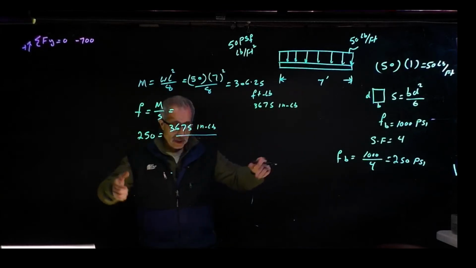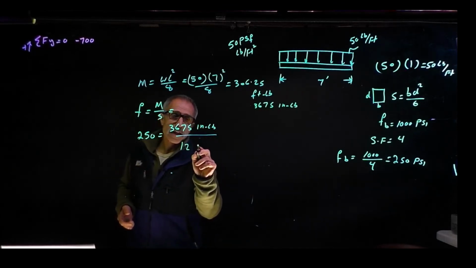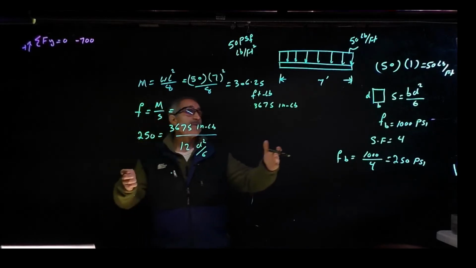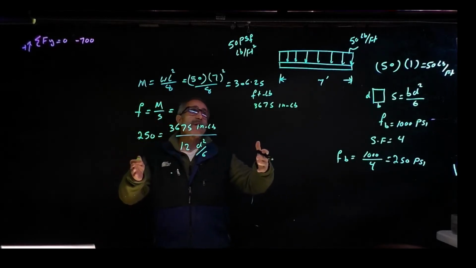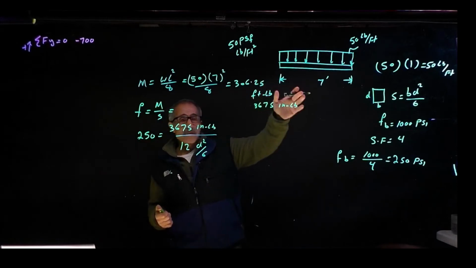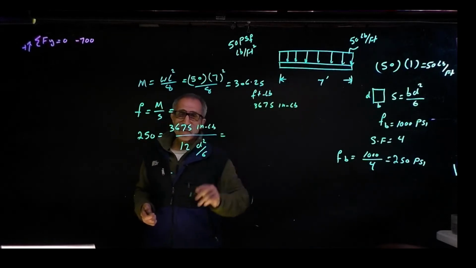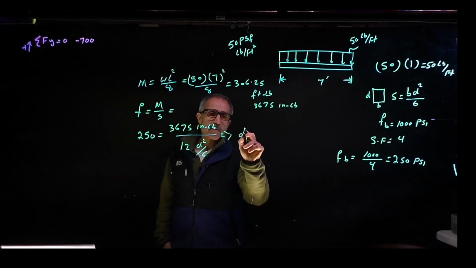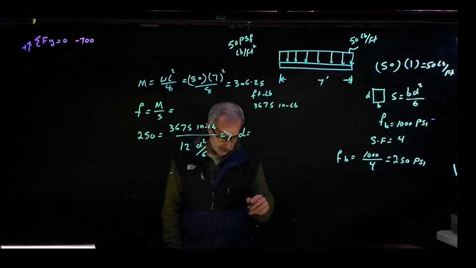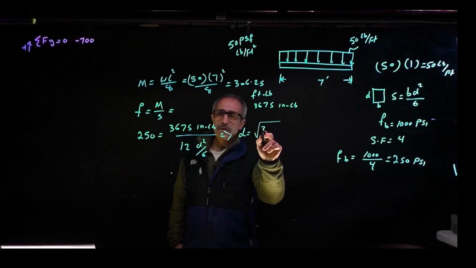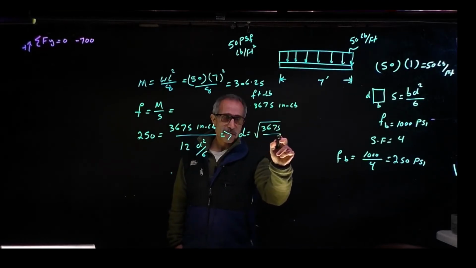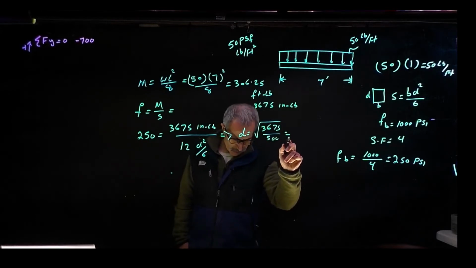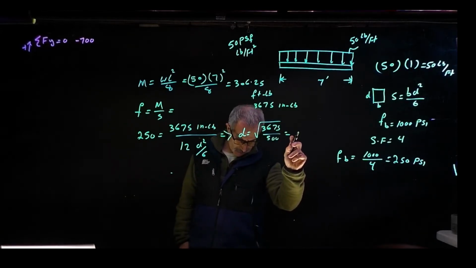We already know that part. So we're going to say 12 inches times d squared divided by 6. Because it was given to use a 12 inch plank of Douglas fir. So now that equal, and d comes out to, you can do some mathematical work, which is going to become square root of 3675 divided by 500, which is equal to 2.7 inches.